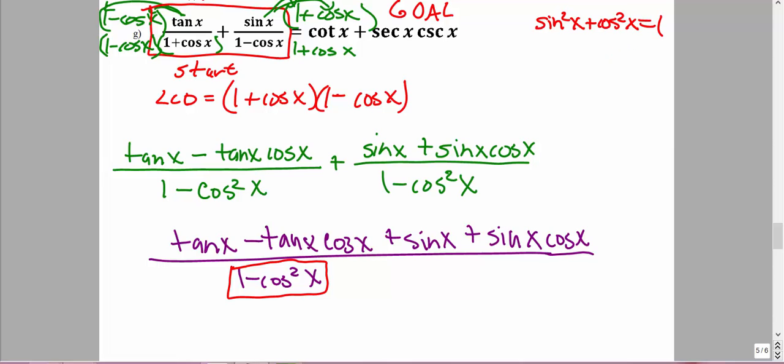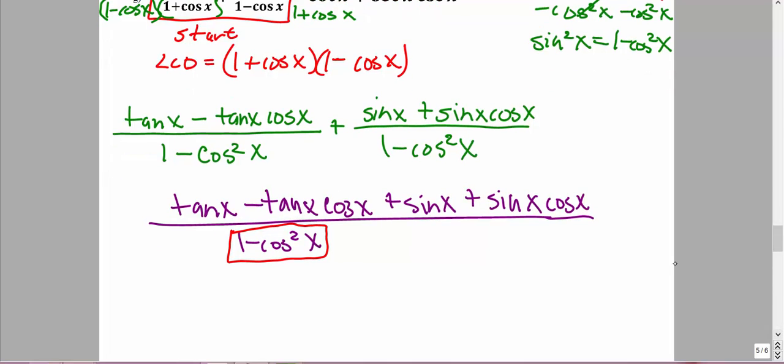We can rearrange our Pythagorean identity to have 1 minus cosine squared x on one side. So we're going to subtract cosine squared x from both sides. We end up with sine squared x is equal to 1 minus cosine squared x. So instead of writing 1 minus cosine squared x, we're going to do a Pythagorean replacement. So I'm going to rewrite that as sine squared x.